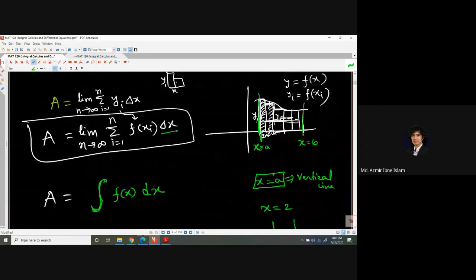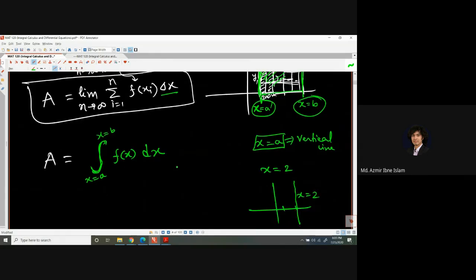So let's say we need to find the area under this curve, that is y equal to f of x above the x-axis from the line x equal to a to the line x equal to b. So here we can place x equal to a, x equal to b. So that is now known as the common form.